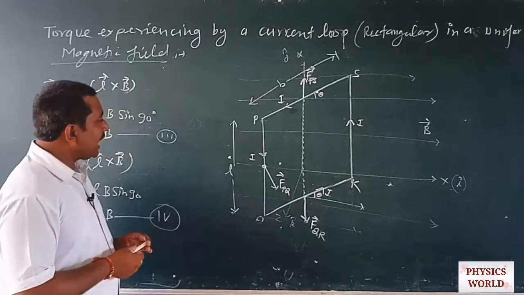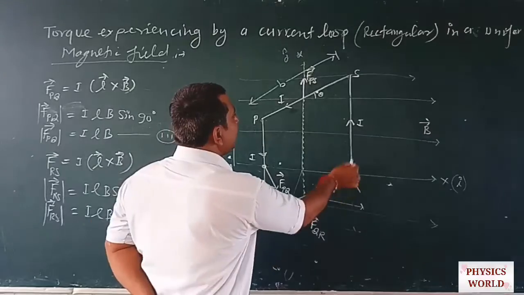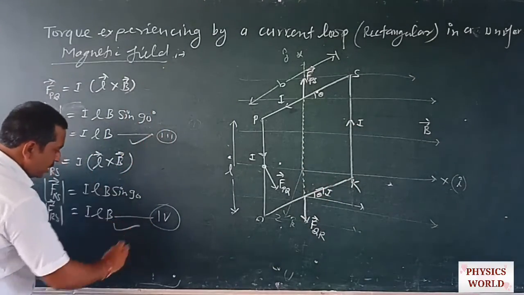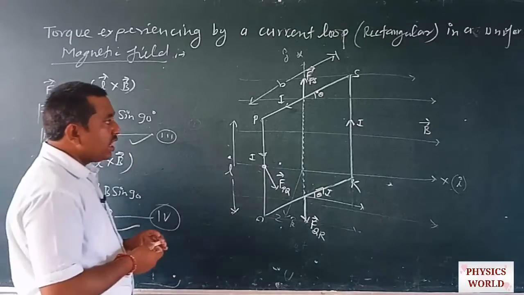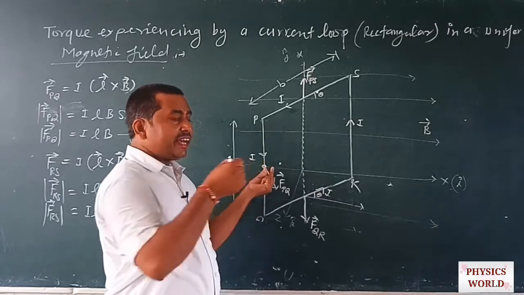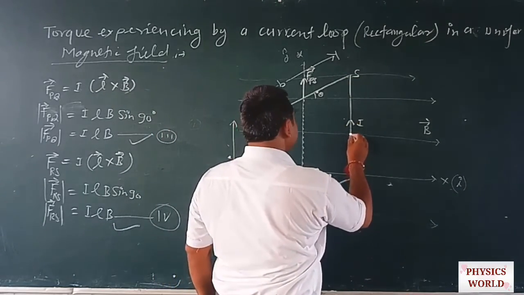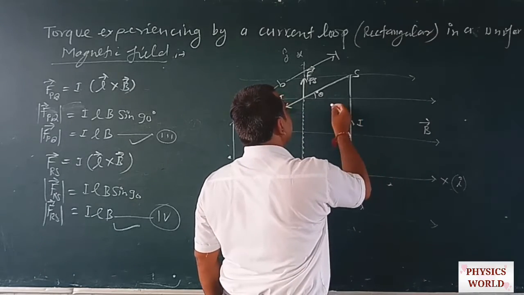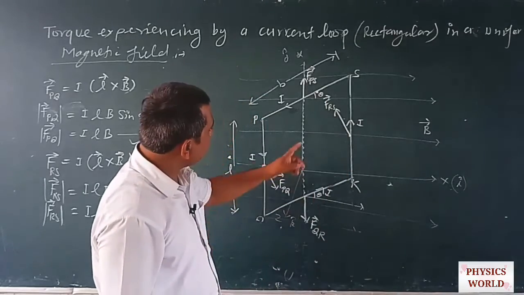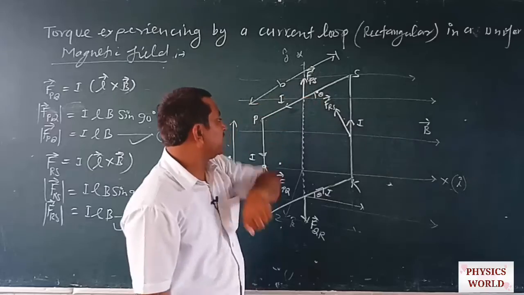Now we see that the forces experienced by both arms PQ and RS are equal in magnitude, ILB and ILB, but the force experienced by the arm PQ is along the K direction, and the force experienced by the arm RS is along the minus K direction.